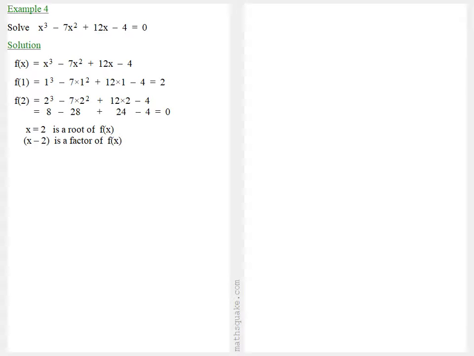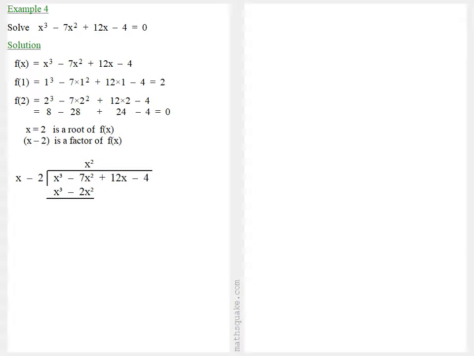Now that means x minus 2 can be divided exactly into the original cubic equation. So if we set it out as a division sum, we start x into x cubed is x squared. Write x squared on the top in the x squared column. X squared times x minus 2 is x cubed minus 2x squared.